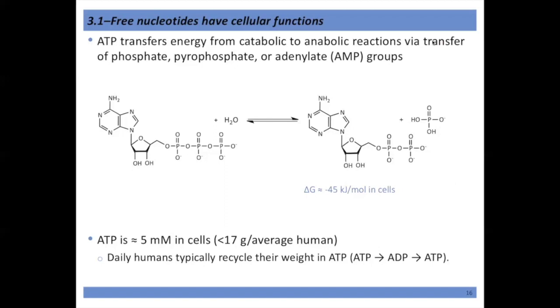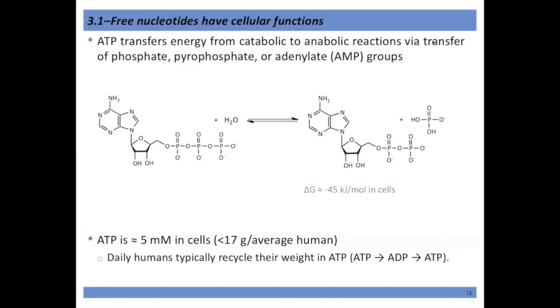Now, what's interesting is the concentration inside the cells is about 5 millimolar, which is actually a pretty decent concentration. But overall, in the human body, you only have about 17 grams at any time. So if we wanted to harvest all the ATP out of you, we would get 17 grams at any one given time. But you actually recycle your weight or close to your weight in an average day.